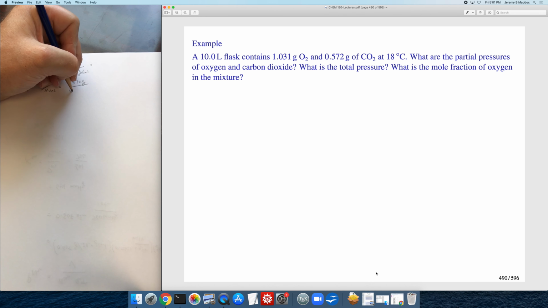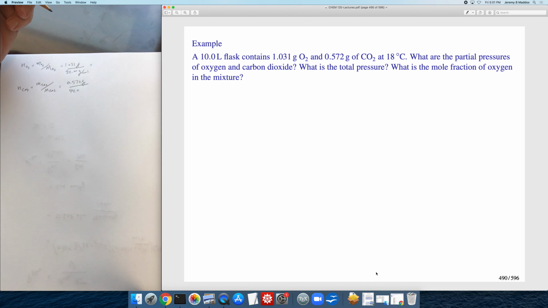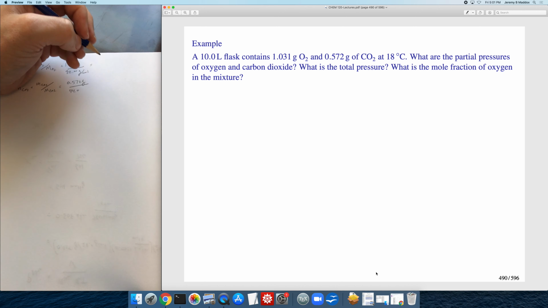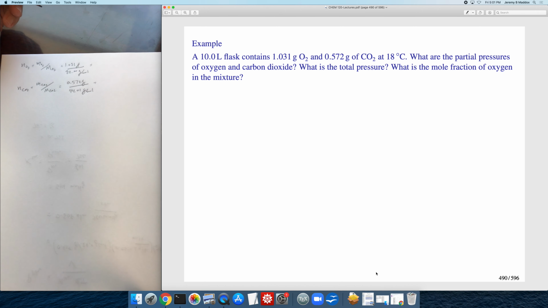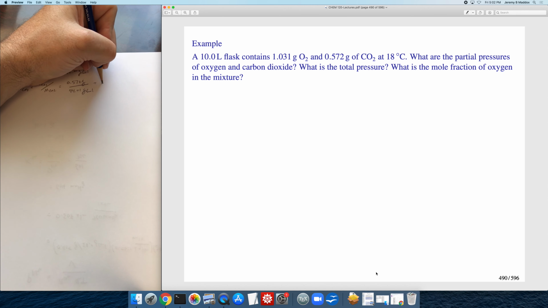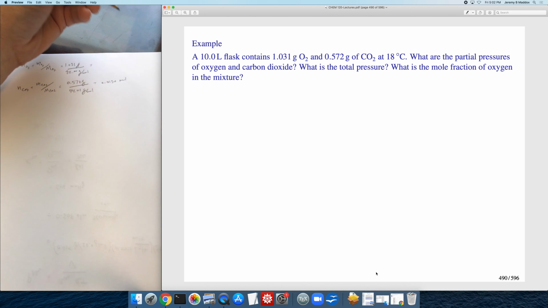44.01 grams per mole. That gives 0.0130 moles.